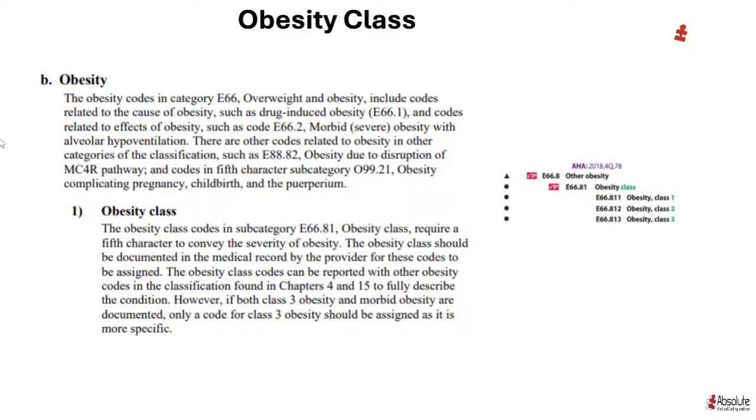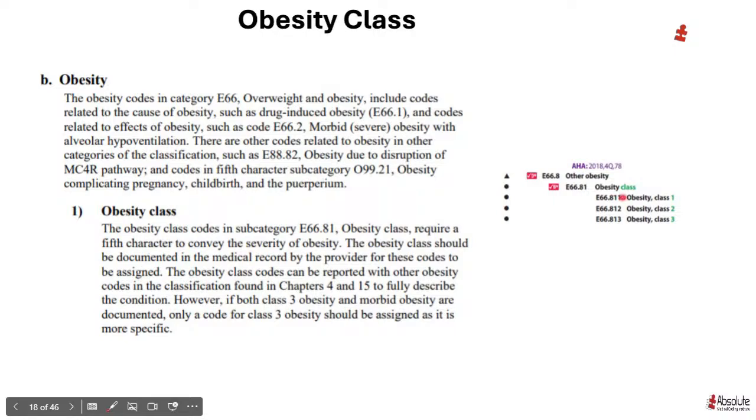I also want to tell you about this obesity class. In 2025, ICD-10-CM included these obesity classes. These obesity classes require a fifth character. So they're 5 characters long. Well, no, 6. Look at this.